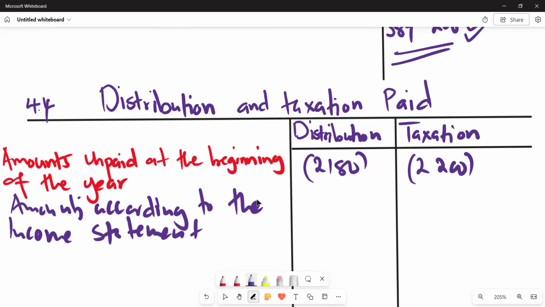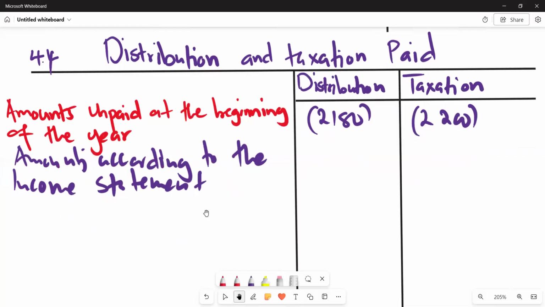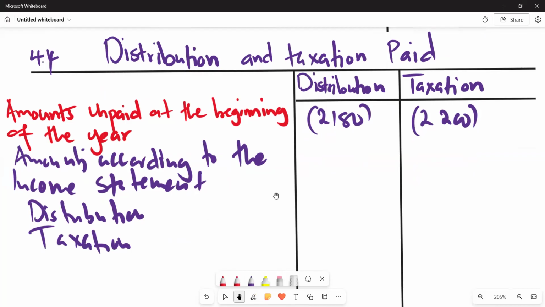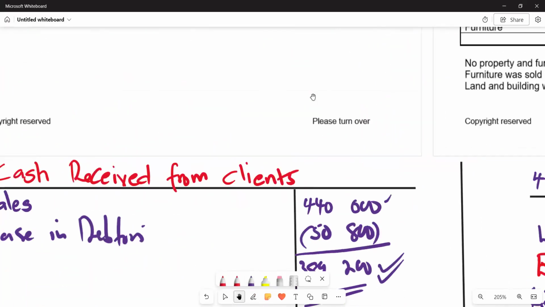Obviously, on the amounts according to the income statement, we have distribution and taxation. So let's start with the distribution and also taxation. We go to the question and try to see what figures we have for those two.